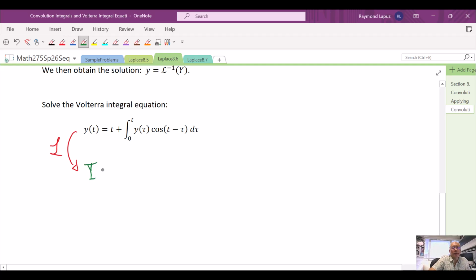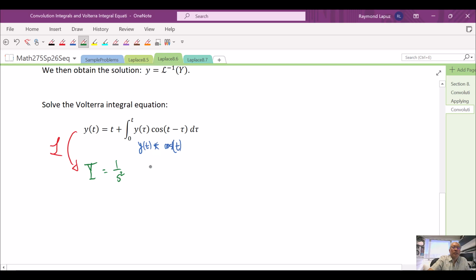We got y of s. t, I think that's 1 over s squared. And now here is your convolution of y of t, convolution with cosine of t, right? So I know there's a shift here, but the shift is inside of the integral, it's t minus tau. That just comes out to be t.